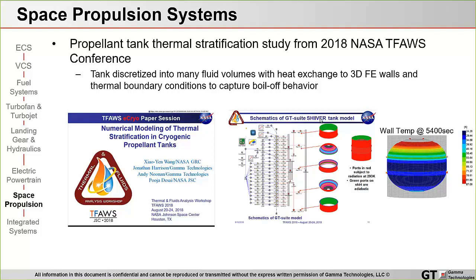By utilizing the fluid elements inside the tank, discretized into many axial cells, that can be integrated with the thermal structure representing the walls of the tank and the thermal fluid interaction with heat transfer in between, one can study and ultimately analyze thermal distribution along not only the tank walls, as you can see in this schematic here, but also detailed thermal behavior in both the ullage and the liquid inside the tank.